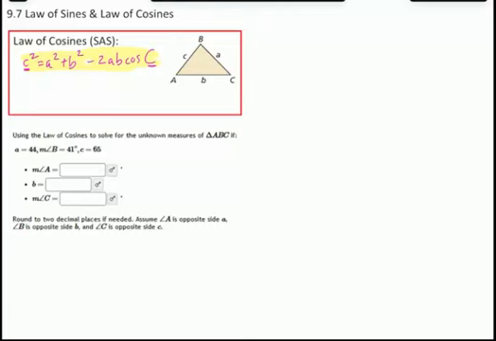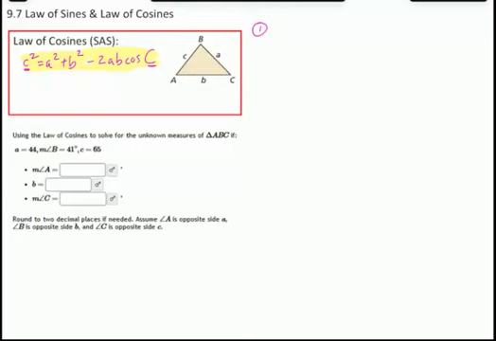All right. So I want you to see what can you recall or what process can you use that's similar to what we did yesterday using this law of cosines to find this missing information, and I'll put the steps here.